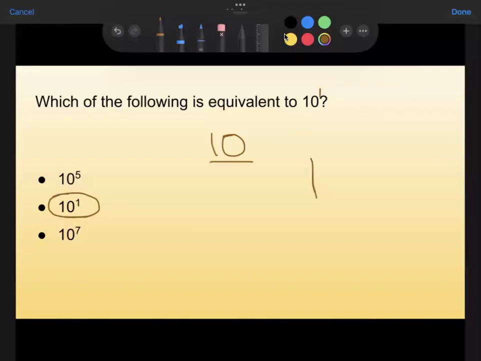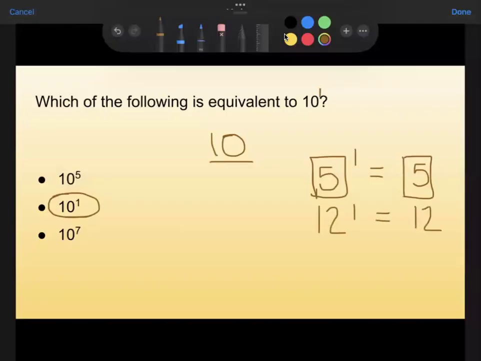So any base to the power of 1 just equals that number, no matter what the number would be. In this case, it was 10, but if it was 5 to the 1st power, that would be 5. If it was 12 to the 1st power, that would be 12. If it was a mystery number like x to the 1st power, that would be equal to x.